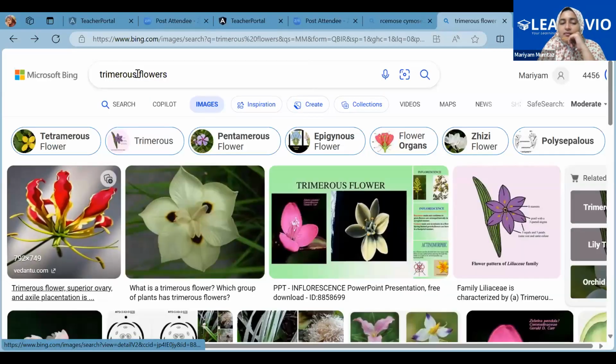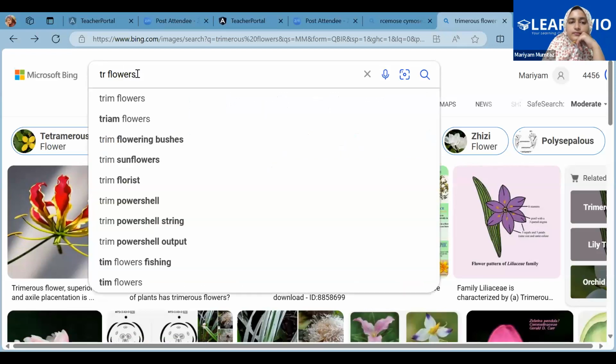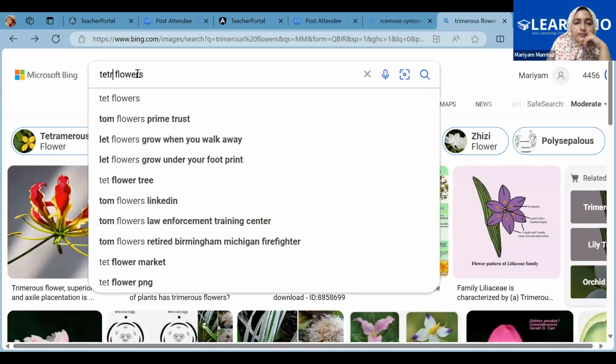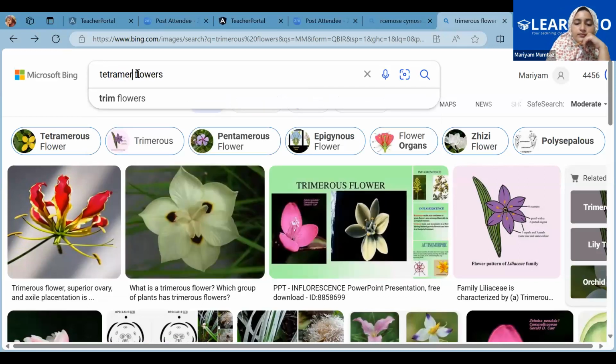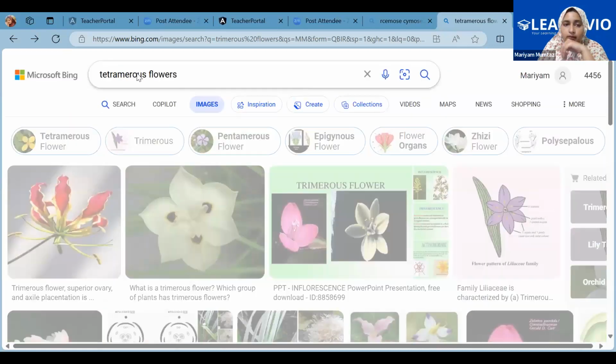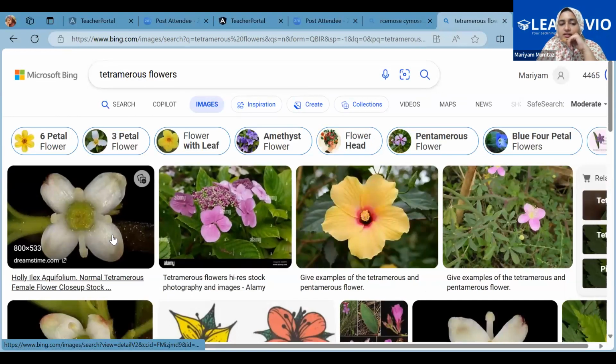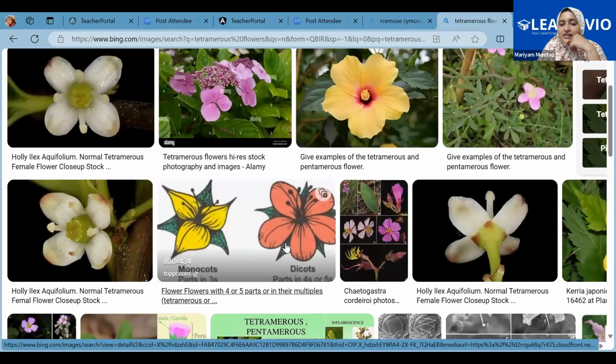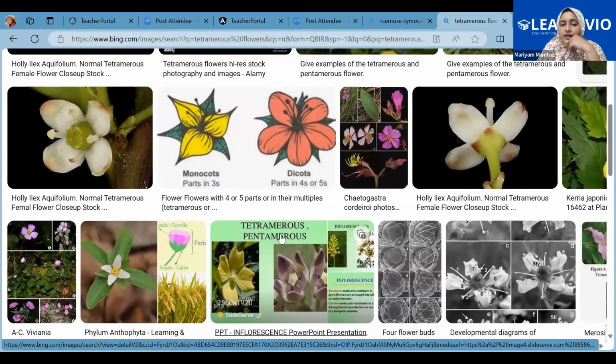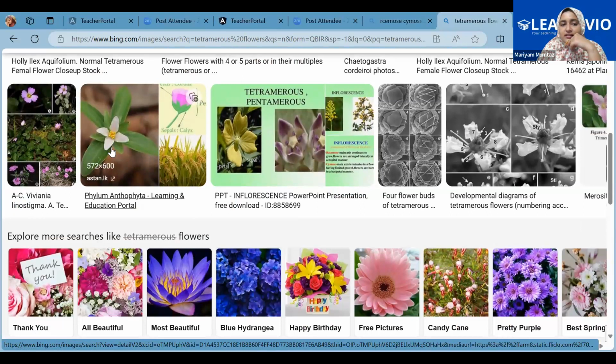Then comes tetramerous. They will be in multiples of 4. See this. The first condition is tetramerous, meaning whenever they are present in multiples of 4, we'll call it tetramerous. See this, 1, 2, 3, and 4.